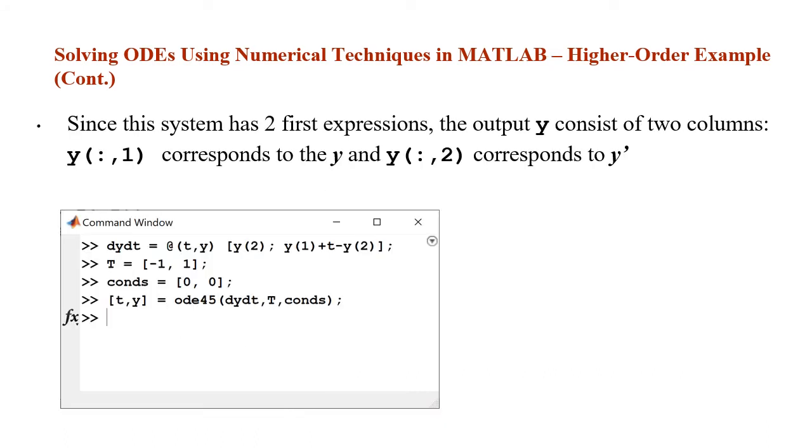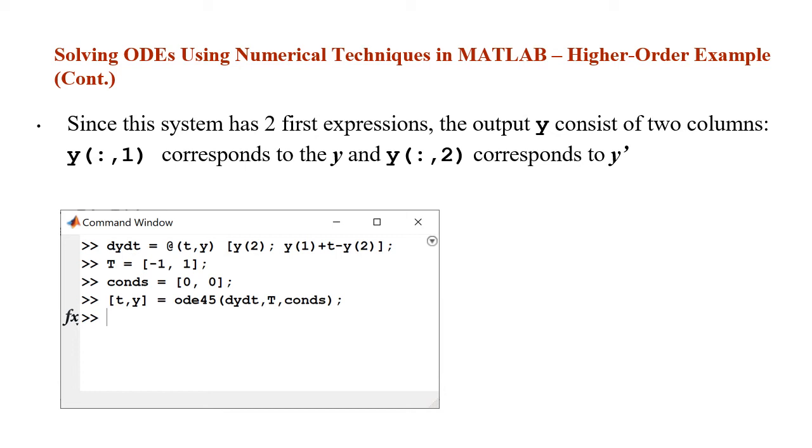Continuing with the solution from the previous slide, as discussed, since we split the original second-order differential equation into two first-order equations, the function handle now has two rows in it.